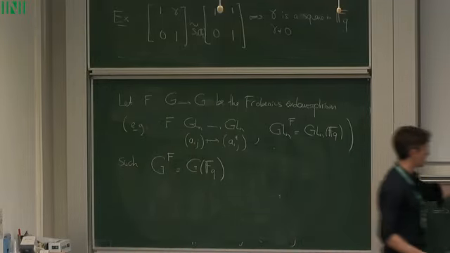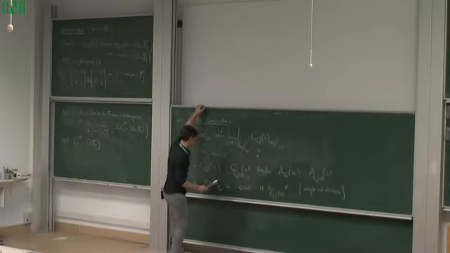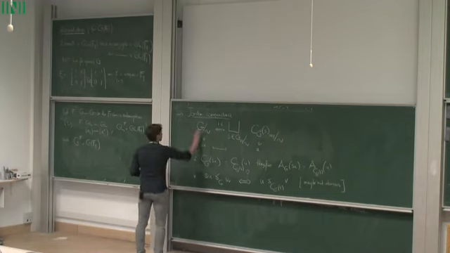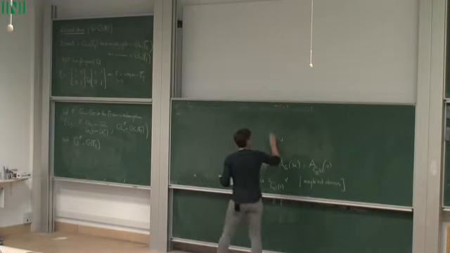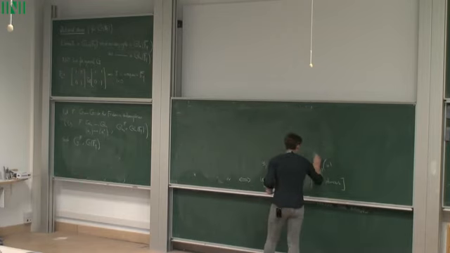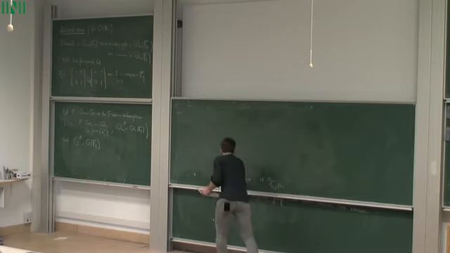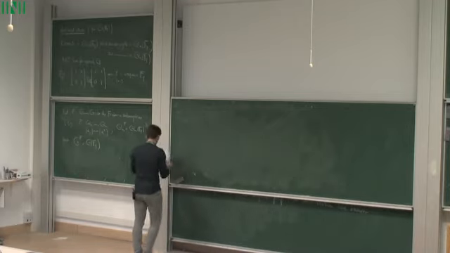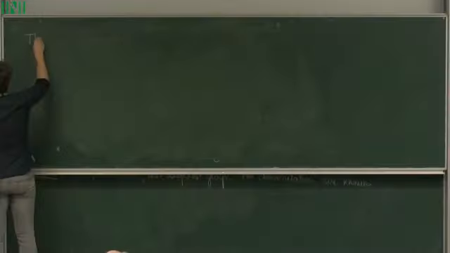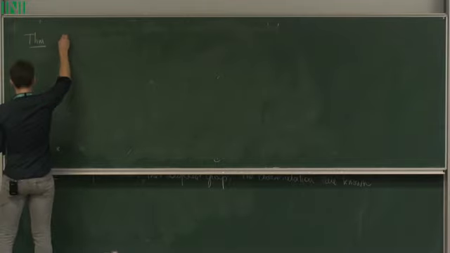So why do I need this? To make the link between the rational and the geometric conjugacy classes. Let me state it as a theorem.